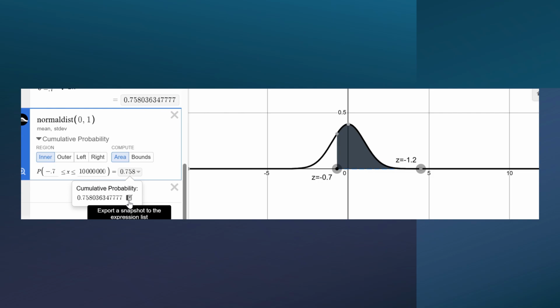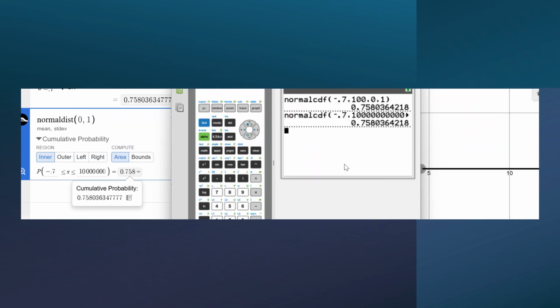So just a note on the accuracy of that. But that's all good enough for six of one, half a dozen of the other as soon as you are rounding to 4 decimal places anyway. So you have more accuracy than you need. And it's certainly much more accurate than the tables, because the tables truncate real fast. Big fan of using a machine to do this normal distribution instead of a table.